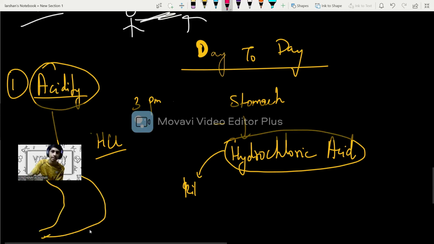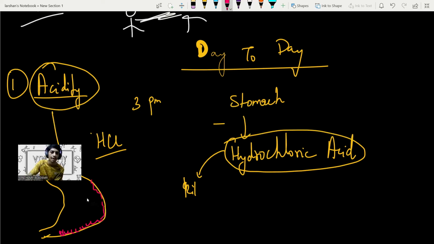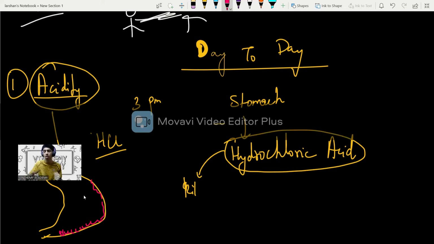Your hydrochloric acid will start secreting, and it will start irritating or tearing the tissues of your stomach. That's why your stomach starts itching and irritating. It starts degrading the stomach because there's no food for it to act upon. So it starts acting on the stomach itself.